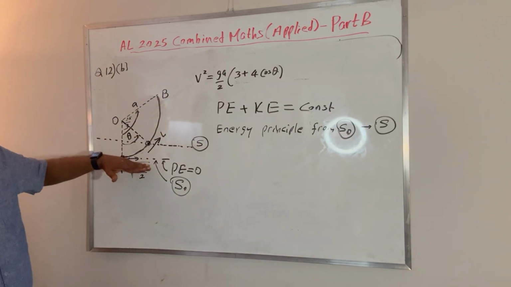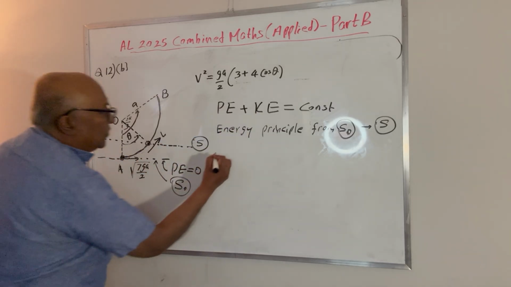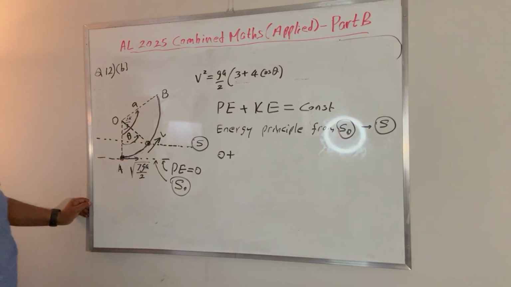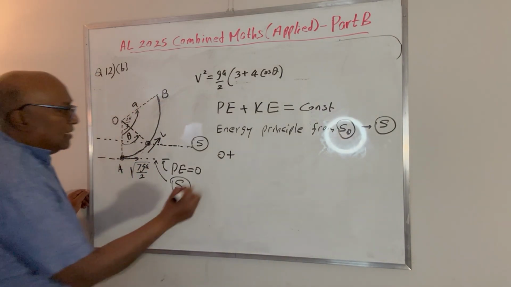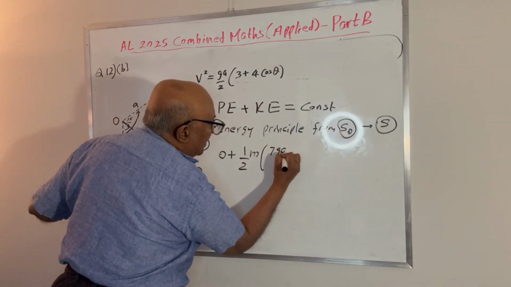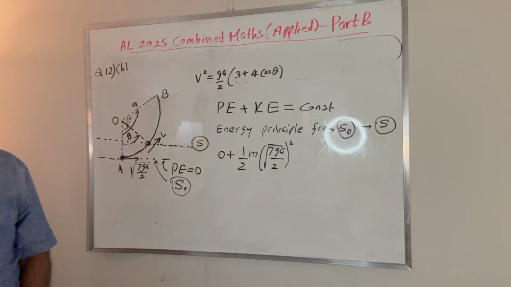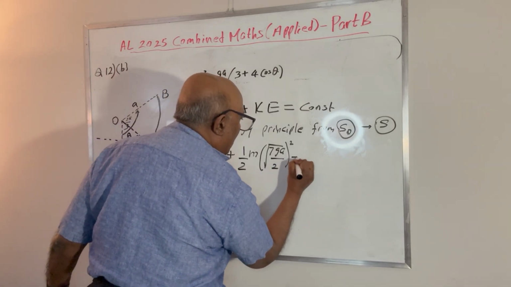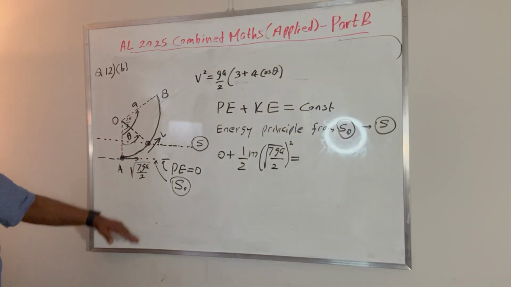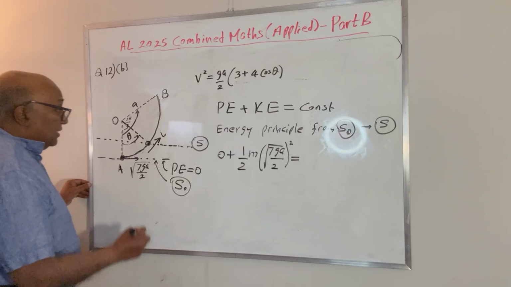Now let's write the sum of energy at the initial level. Potential energy 0. Kinetic energy half m times root 7ga over 2 whole squared, equal to the total energy at state S. What is the potential energy?